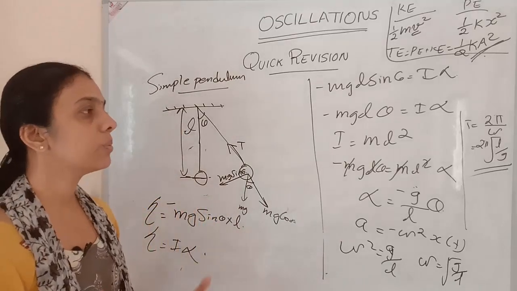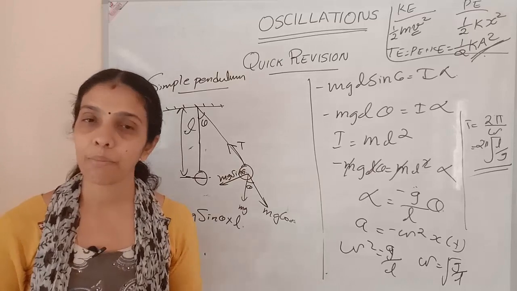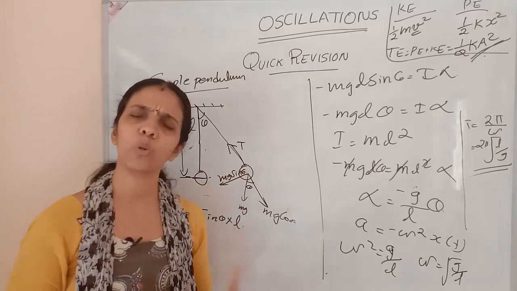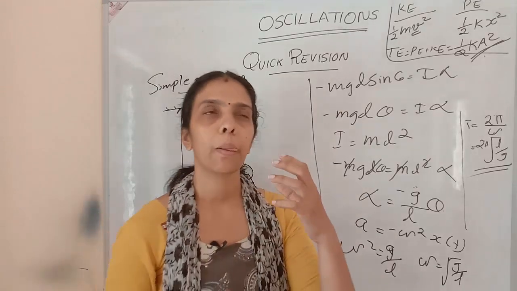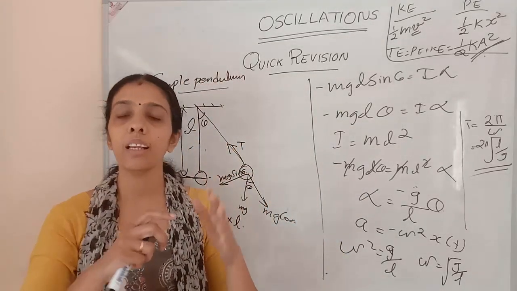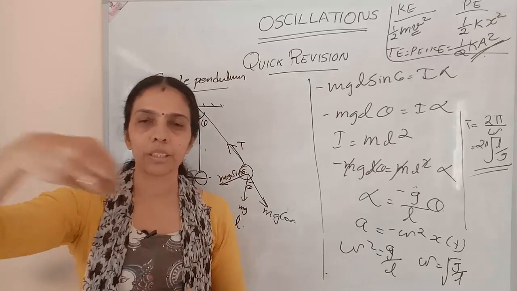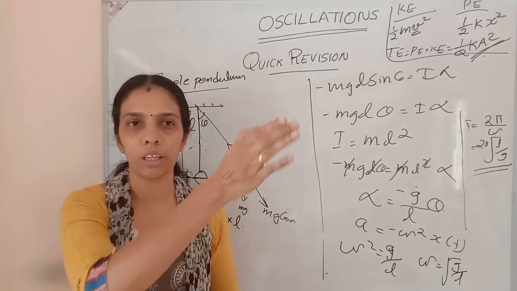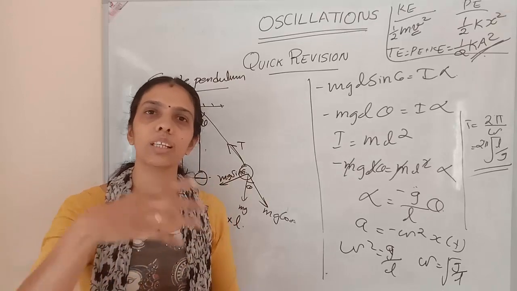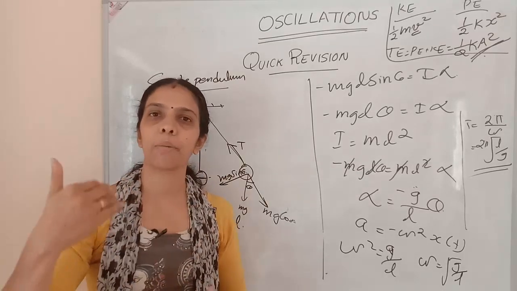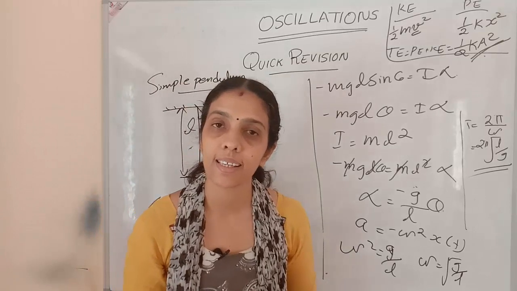Okay, so next we are going to study damped oscillation. What is meant by damping? If I give a force and make an object oscillate, while it is oscillating, after some time it comes to rest. What is the reason?